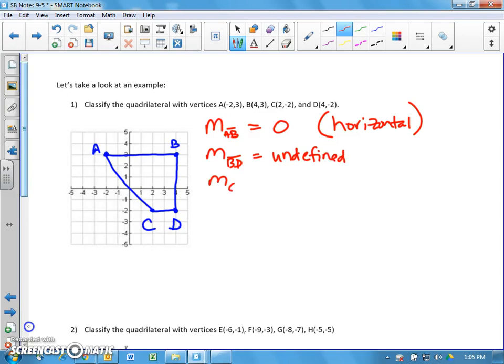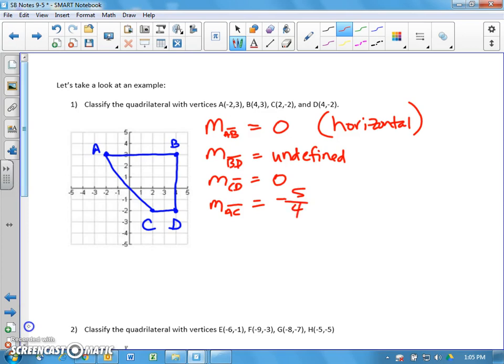The slope of side CD, also horizontal, so it would be 0. And the slope of side AC, it has a negative slope, and we're going to count rise over run. So up 1, 2, 3, 4, 5, over 1, 2, 3, 4. So it has a slope of negative 5/4.